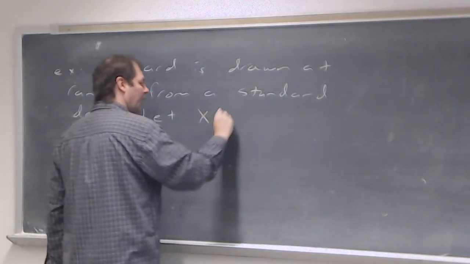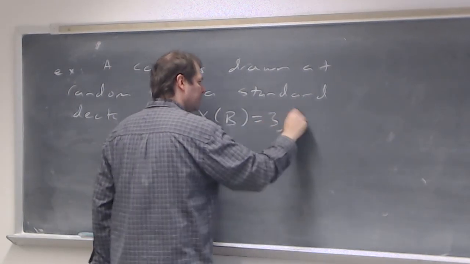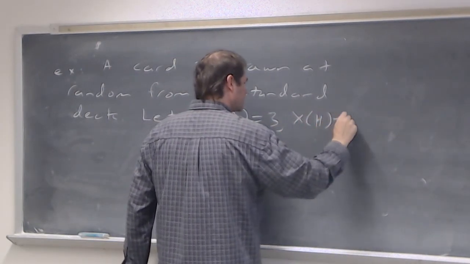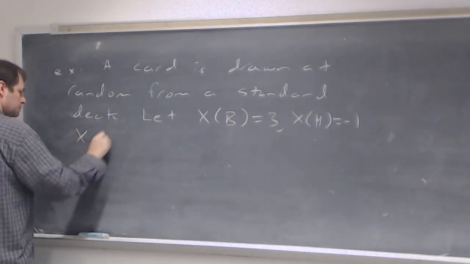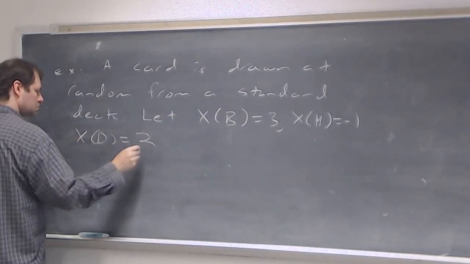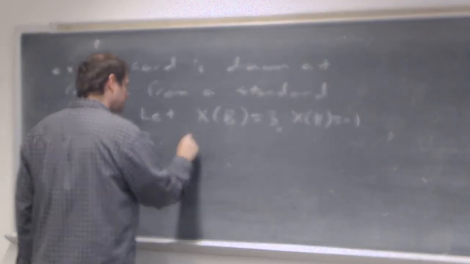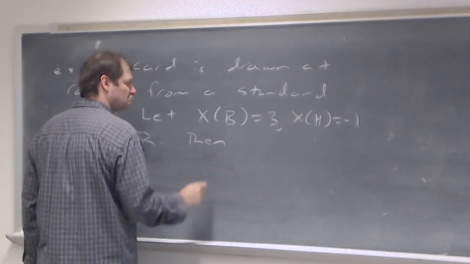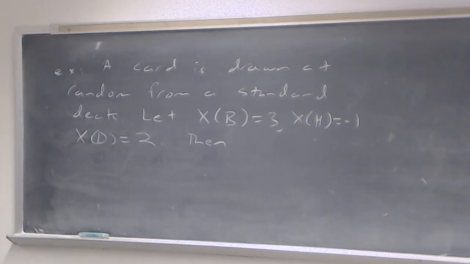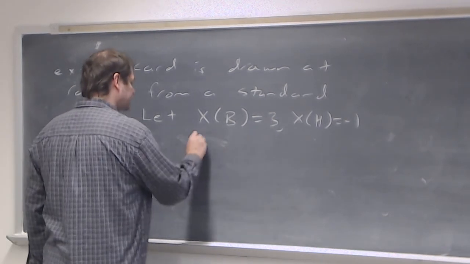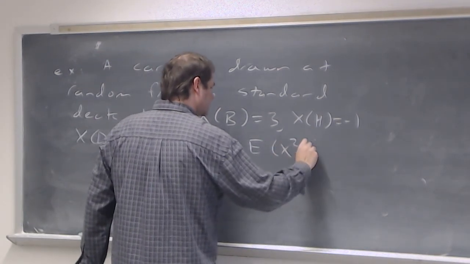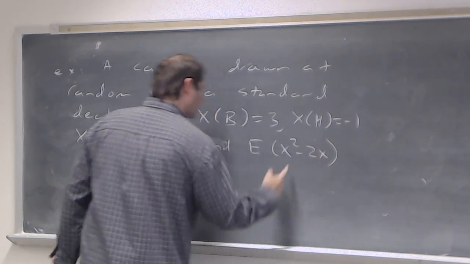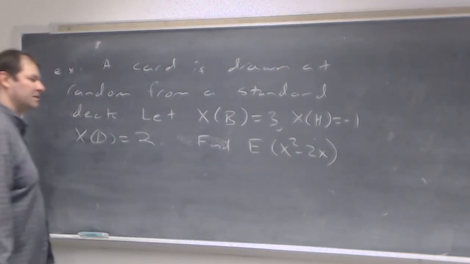Let X of a black card be defined to equal 3, X of a heart be equal to -1, and X of a diamond be equal to 2. Then, somebody might say, find the expected value of X squared minus 2X. Okay, so my g of x is x squared minus 2x.